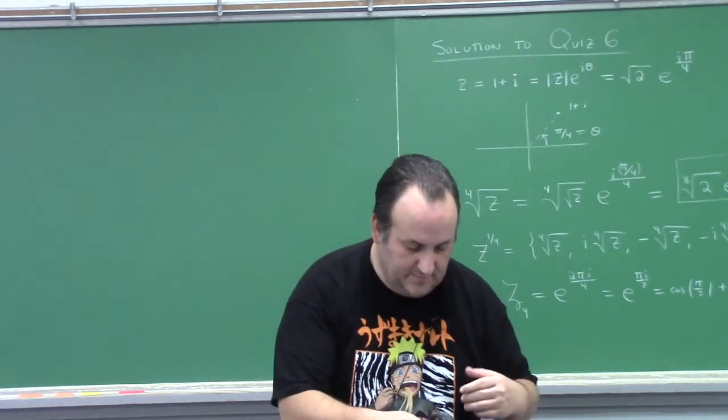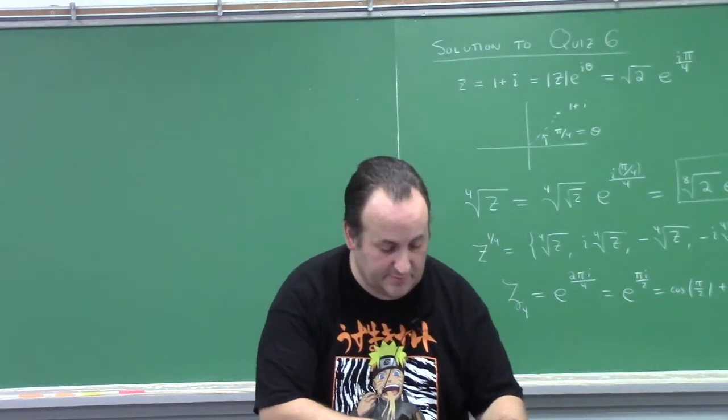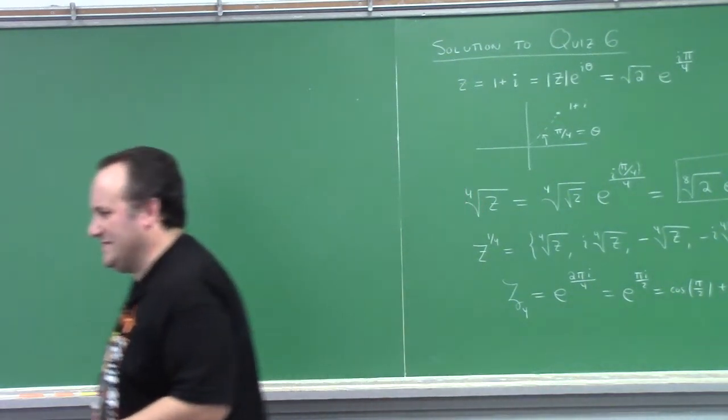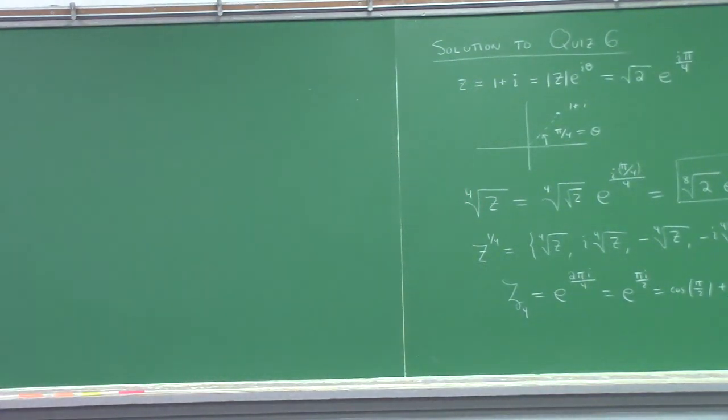And I have done this particular root in class previously. Now, I understand I don't do it once in class and you automatically know it. I'm just saying that it is something we've talked about. All right, so just a heads up, we need to work on this.